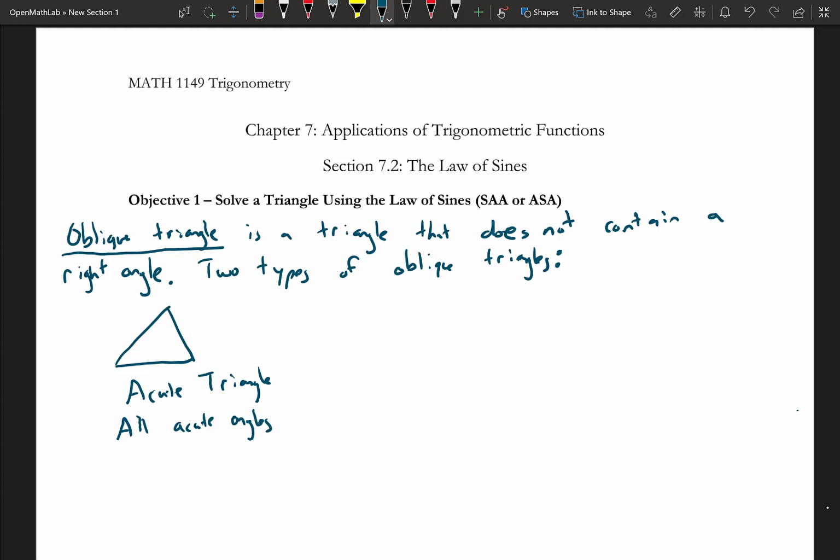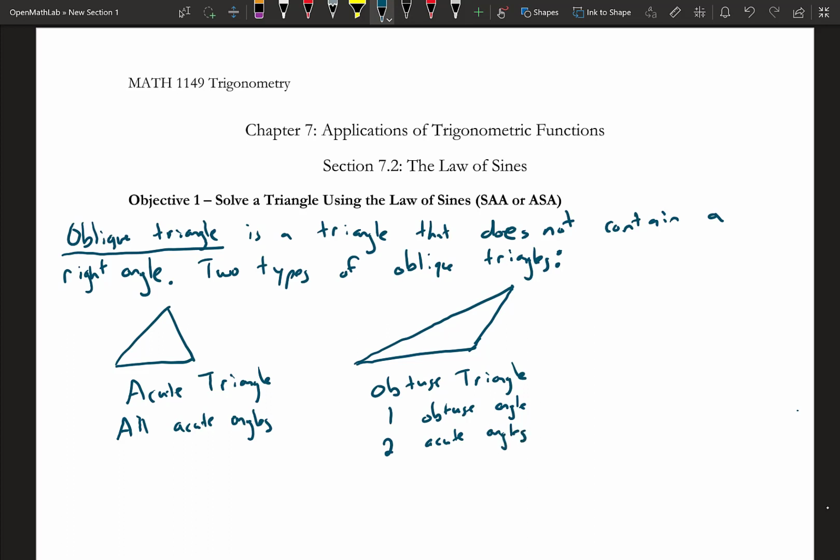And then the other triangle that we can get is called an obtuse triangle, where we have one obtuse angle, and that leaves two acute angles.